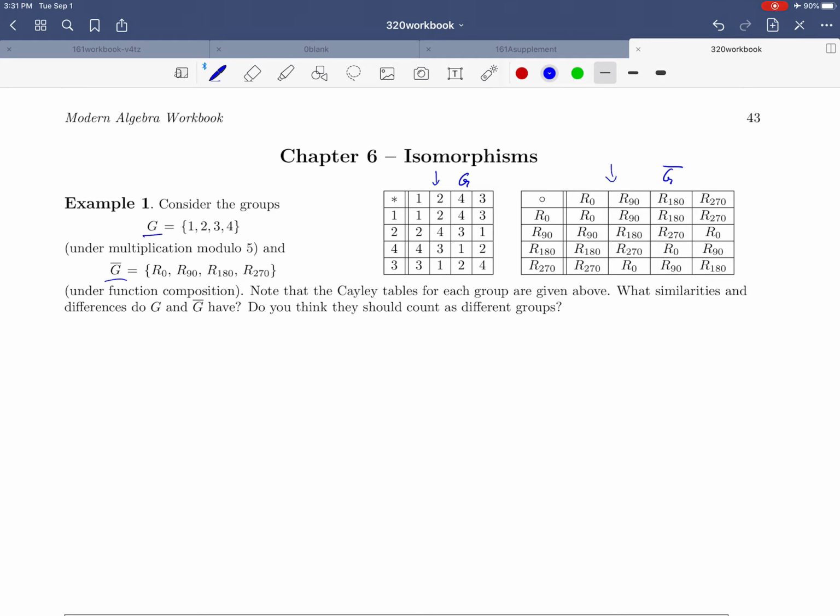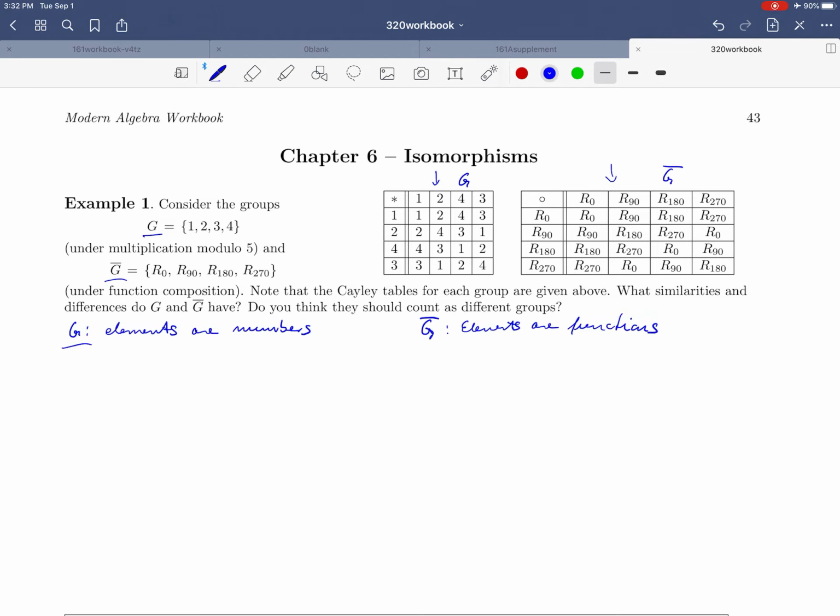Some differences, for sure: G consists of numbers, so elements are numbers. And for G bar, elements are functions. What else is different?